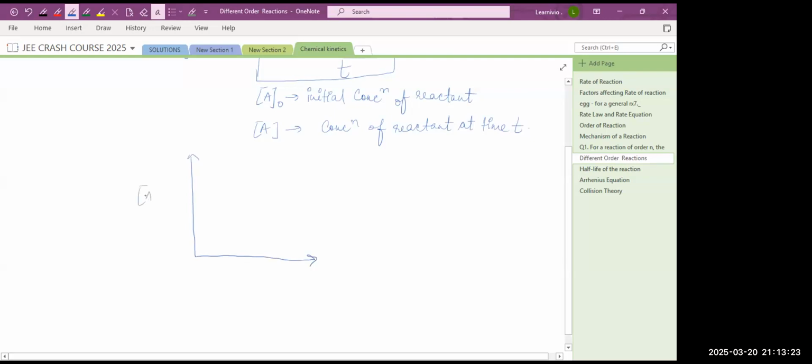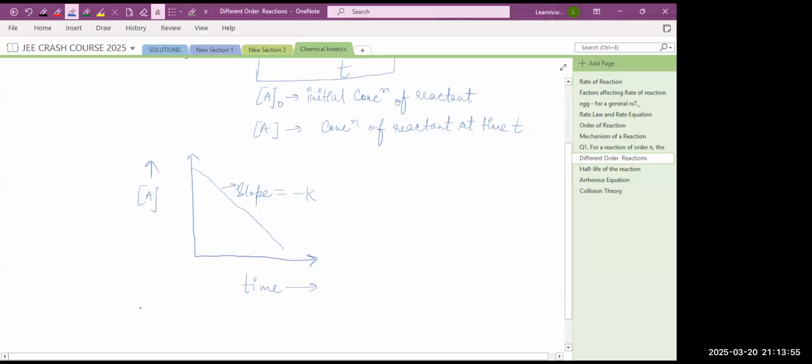So this is basically the concentration versus time graph. And here the slope is equal to minus k. In the zero order reaction, the slope is always equal to minus k. Just remember that.